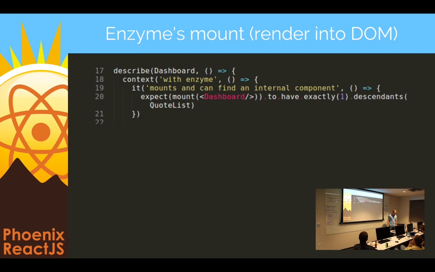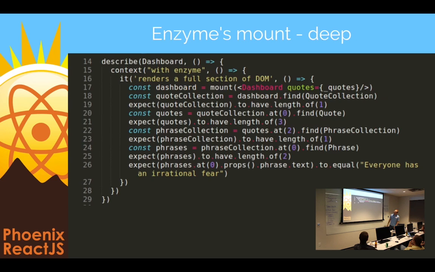All right, so just to show you the equivalent, here's how we can mount into the DOM. And I like this syntax: we expect the dashboard to have exactly one descendant of type polis. That's pretty cool. Now this is similarly long. I just wanted to show you the comparison, if you wanted almost a one-for-one of walking the DOM.